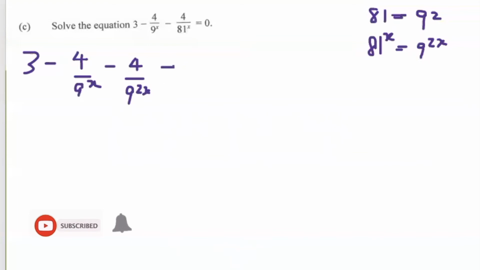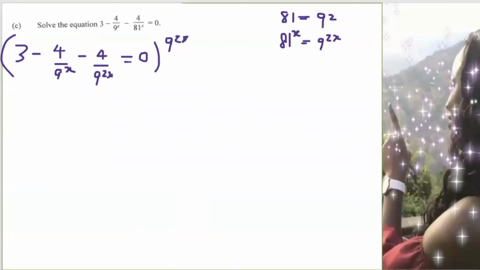And it's equal to 0. Now, I want to get rid of the fraction, so I am going to multiply the entire equation by 9 to the 2x. So multiplying, I'll have 3 times 9 to the 2x. Then I multiply minus 4 over 9 to the x by 9 to the 2x. Now multiplying this 9 to the 2x times the fraction, let's forget about the sign for now, 4 over 9 to the x, we are applying laws of indices.